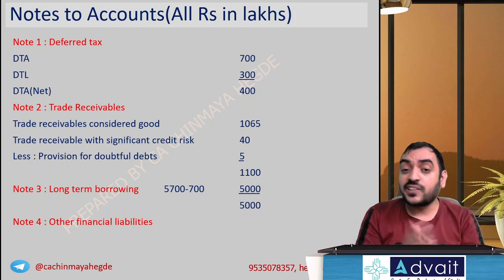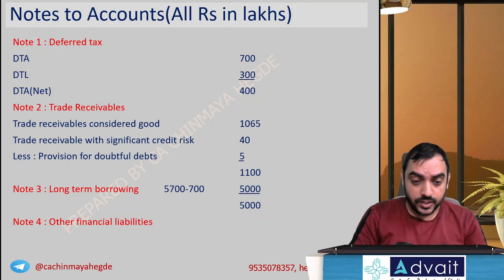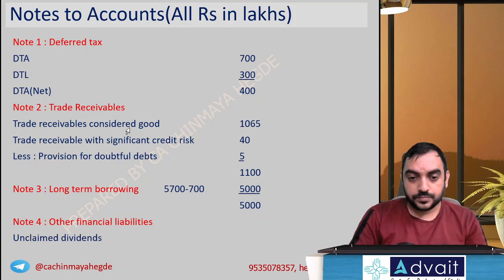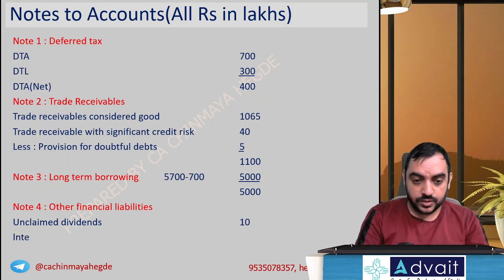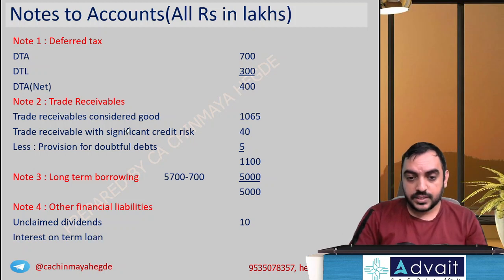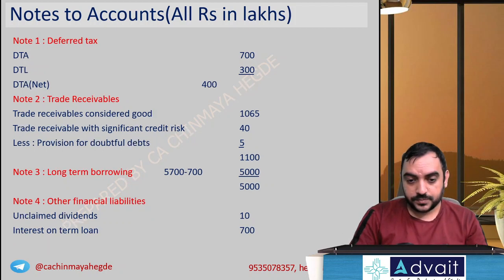That's what we call it as other current liabilities. Anyway, so here we have unclaimed dividends, 10, and interest on term loan 700, total 710.